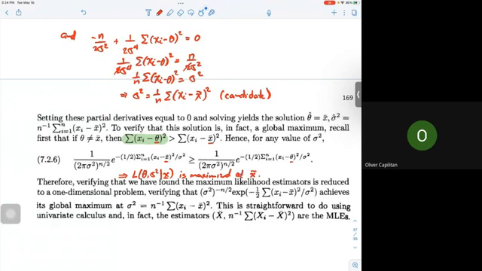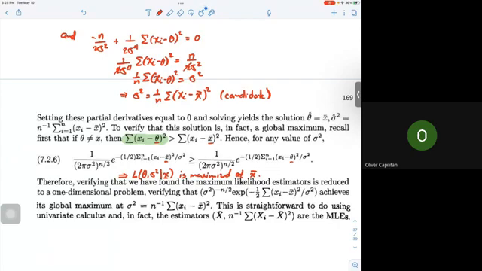What about yung ating sigma square? Paano natin malaman na global maximum yung value ng sigma hat square, which is equal to 1 over n, the summation of the square deviation of x sub i minus the sample mean.